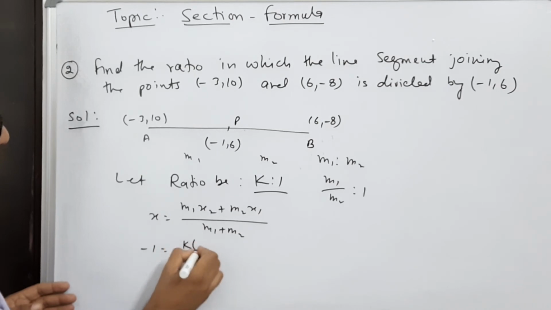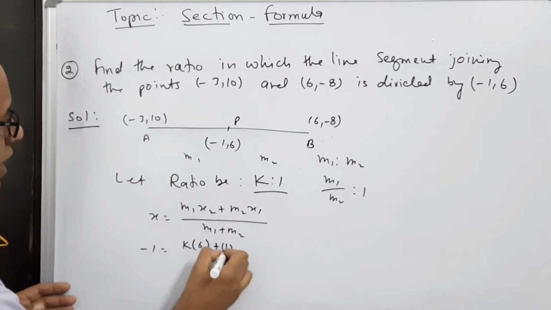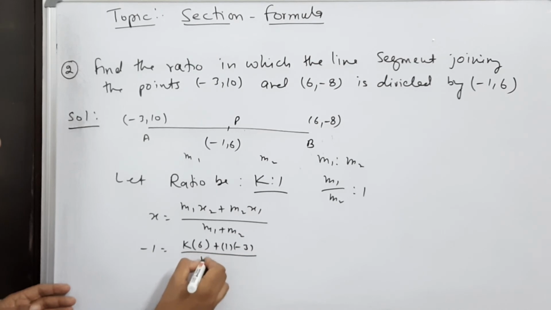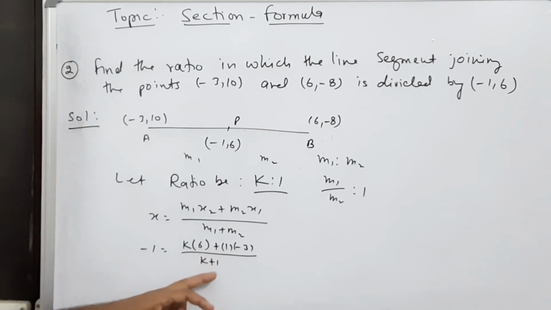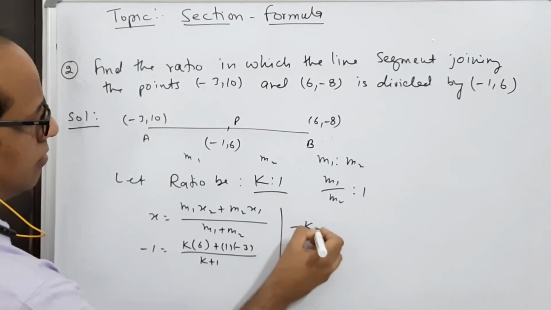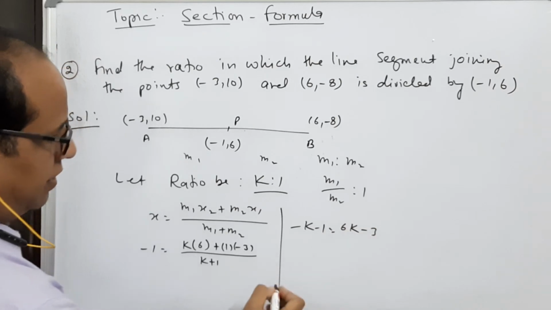K is m1, x2 is 6, K plus m2 which is 1. If you cross multiply this part, minus K minus 1 equals 6K minus 3.